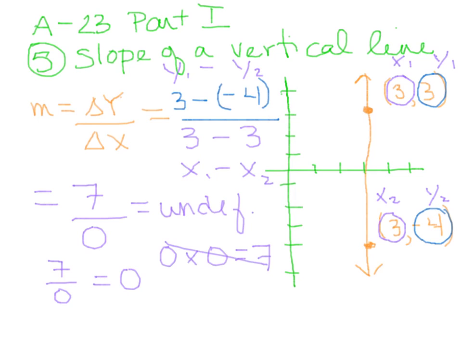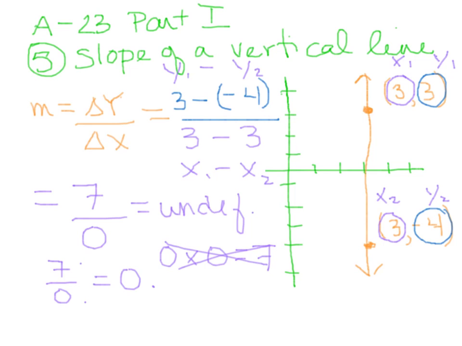And since that's not true, I cannot say that 7 divided by 0 is equal to 0. So it's not equal to anything. There is no number that I can multiply by 0 and get 7. So I say the slope is undefined. Therefore, the slope of every vertical line is always going to be undefined.